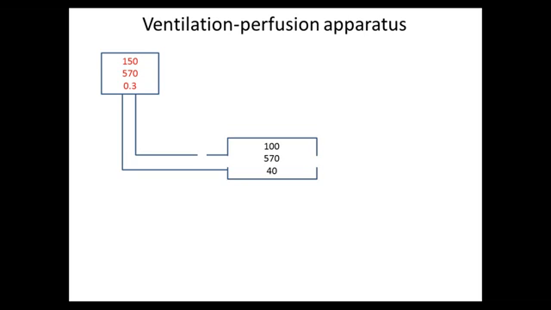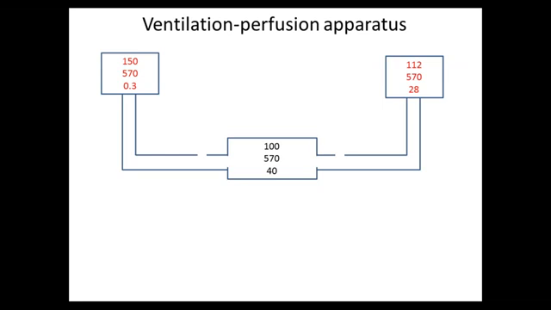The nitrogen will stay around the same, 570, and the carbon dioxide will be increased because the alveoli now contain some carbon dioxide diffused from the blood back to the alveoli. And then with exhalation, the alveolar air will be passing back through the dead space.